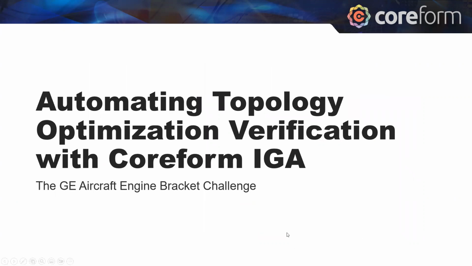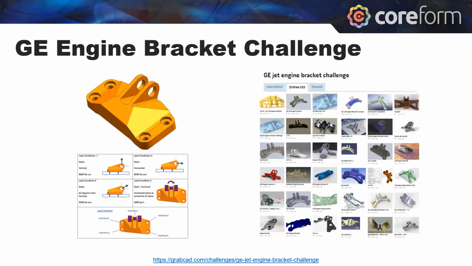Okay. All right, so now the key here is we're not going to do topology optimization. The goal here is to verify the results that came out of an optimization. Some of you may be familiar with this problem.